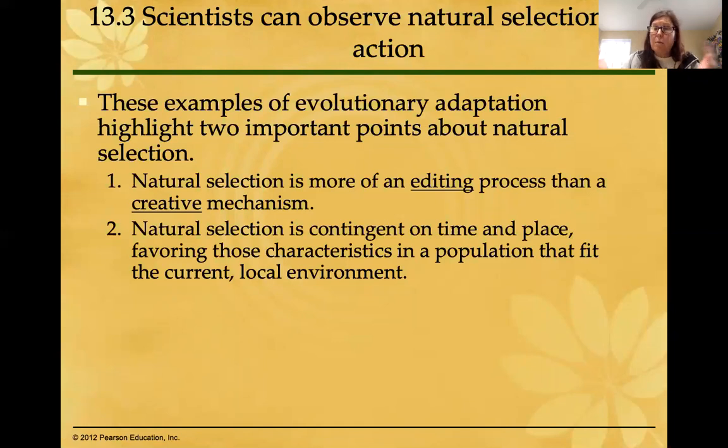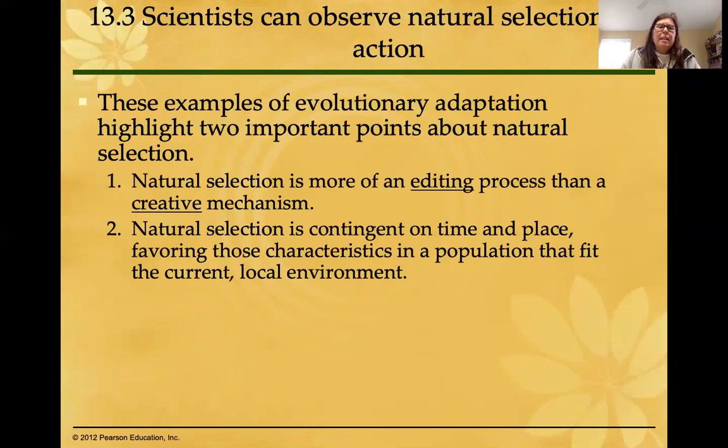Got a new pesticide, guess what? I happen to have that gene. It's not like, oh, we have a new pesticide, I need to make a new gene. No, it's there. And if it's not there, they would have all died. The whole population would have died. And we see that with species going extinct, right? They don't have the right combination of genes, they can't survive.